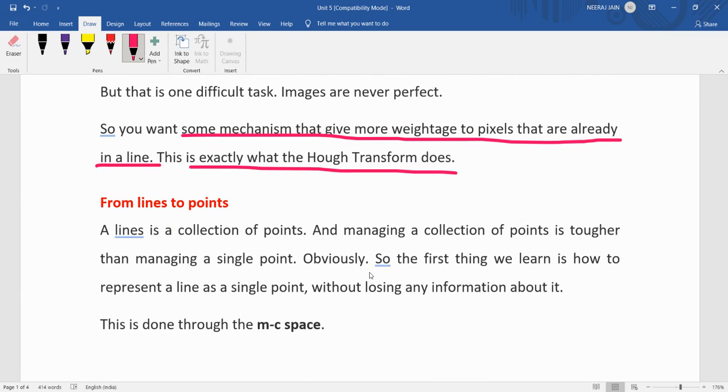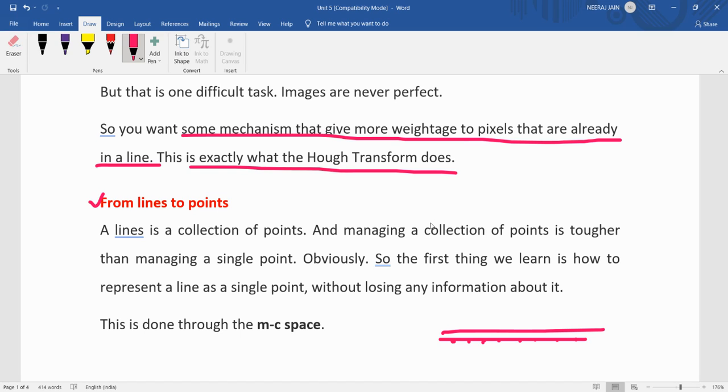From line to points, now we take an example. What is the point and line? We know any line is a collection of points. If we add different points, then that will make our line.